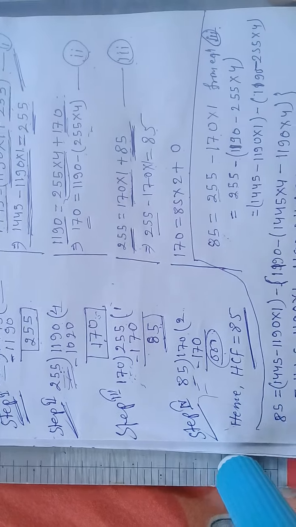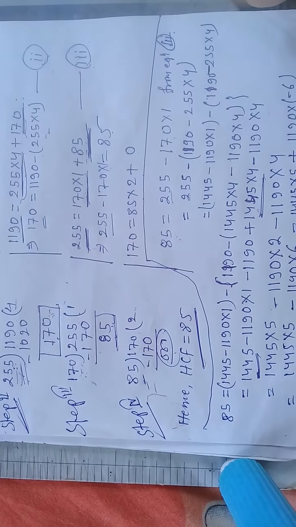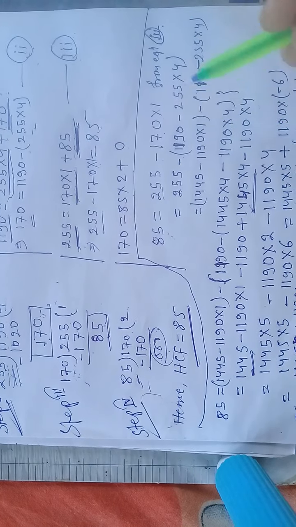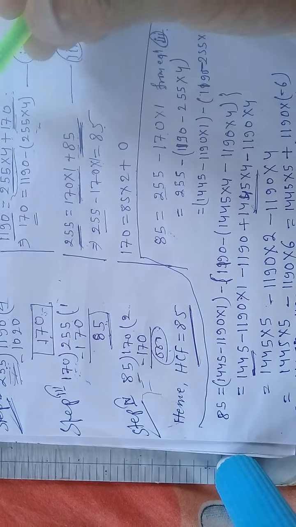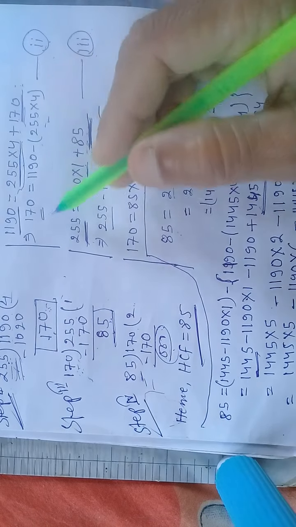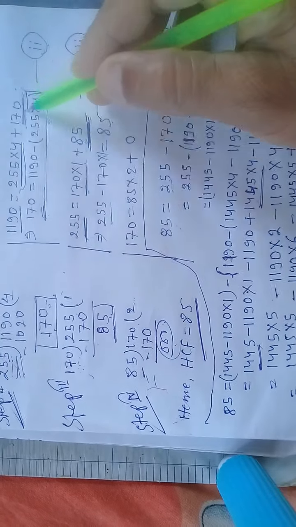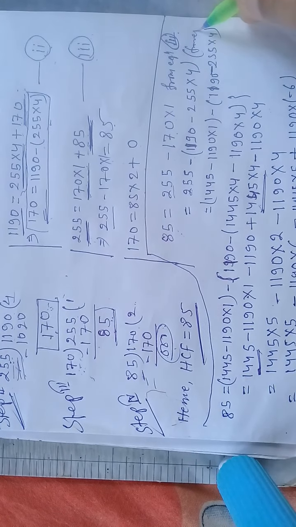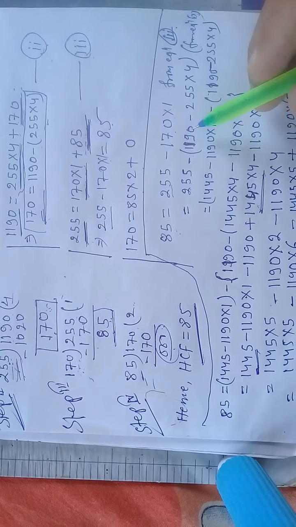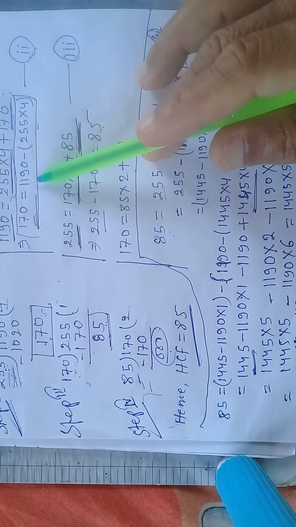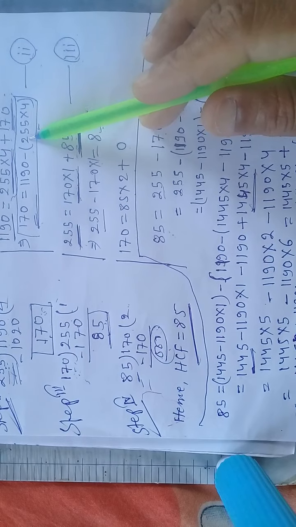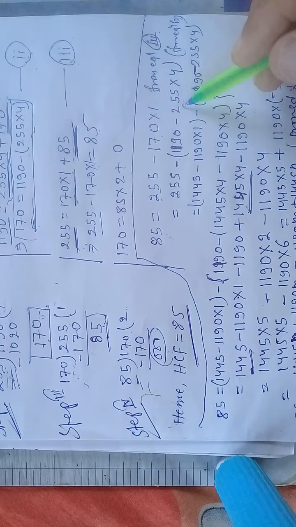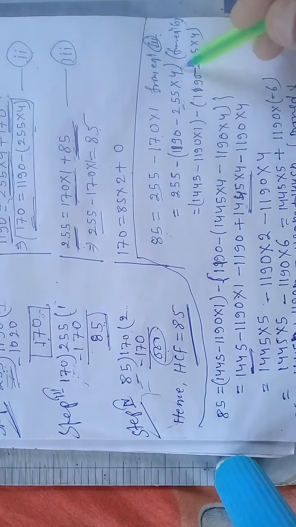Now putting the value of 170 from equation 2: the value of 170 is equal to 1190 minus 255 into 4.